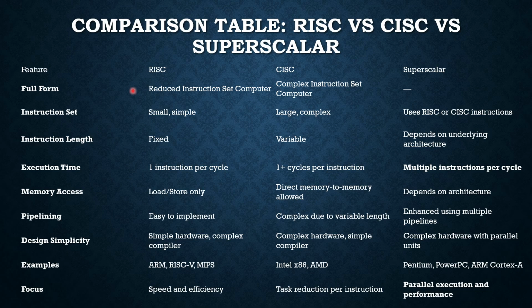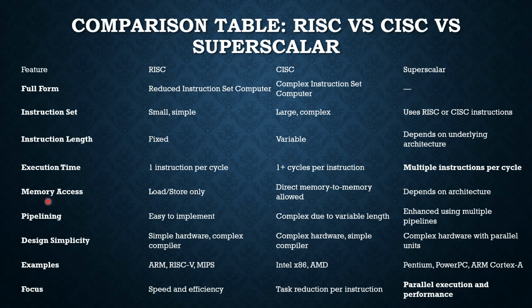For instruction length, RISC is fixed, CISC is variable, and superscalar depends on the underlying architecture. For execution time, RISC takes one instruction per cycle, while CISC takes one or more cycles per instruction, because the instructions are complex and more than one cycle is required to execute one instruction. Whereas in superscalar, multiple instructions are executed per cycle.